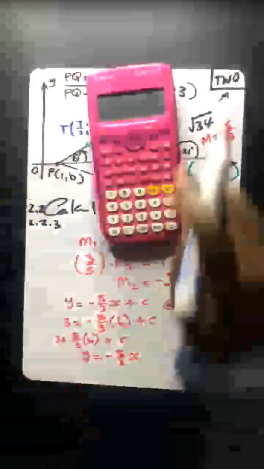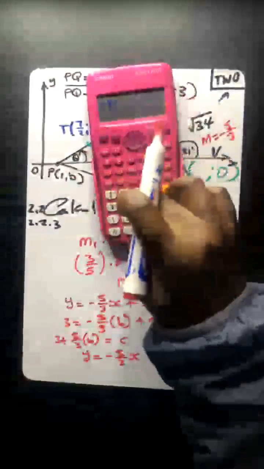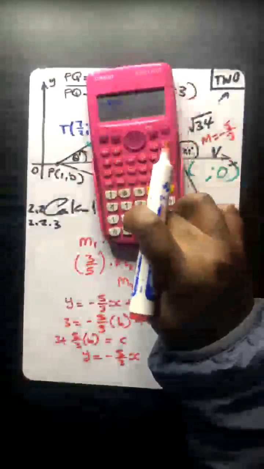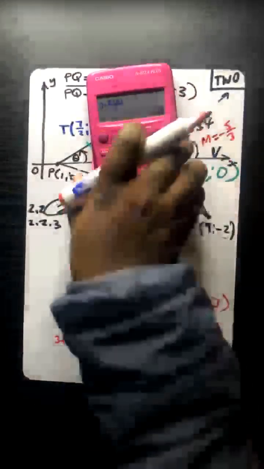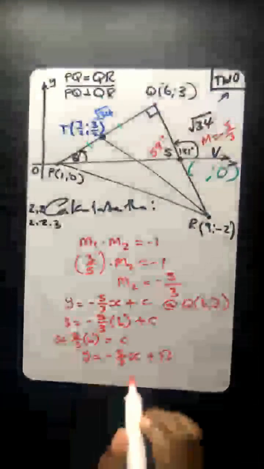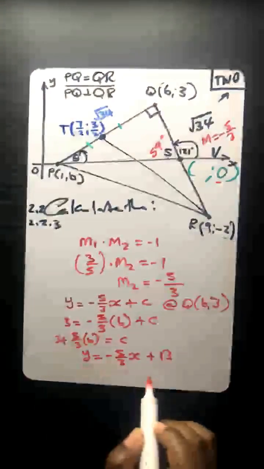You might find that this is a long try, honorable members. As I'm doing this, think of other possible shortcuts. Let's see, c is equal to 13. Now that we have that, and we know that y is 0, this is where you can substitute and solve for x.